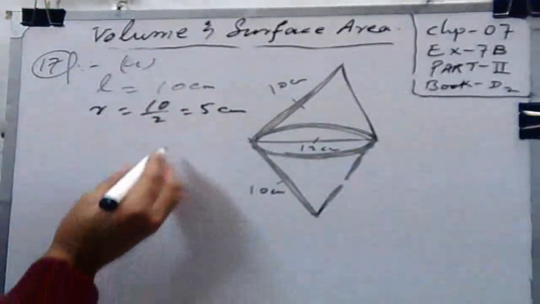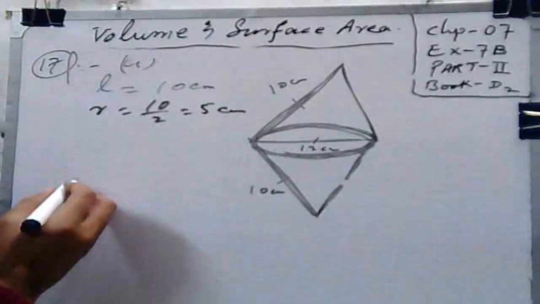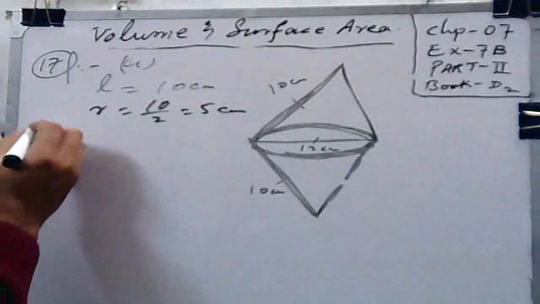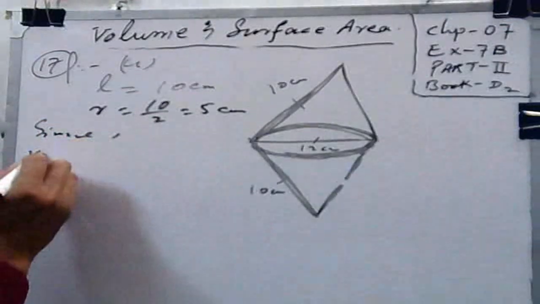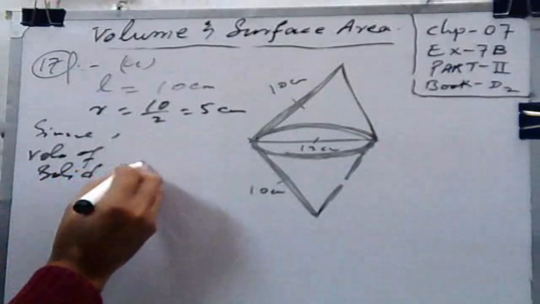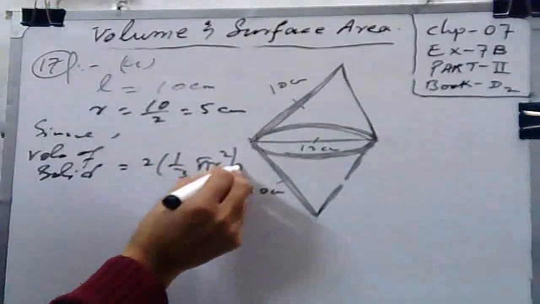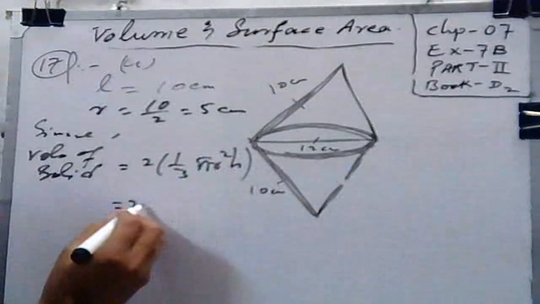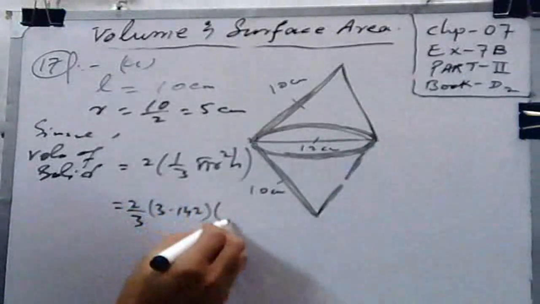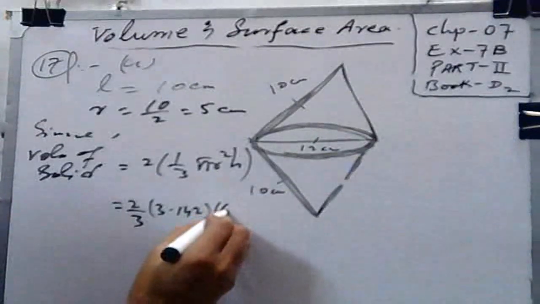Similarly, if we use the Pythagoras theorem, we can find the value of h. Since the volume of the solid in the given figure is equal to 2 into 1 by 3 pi r square h, so 2 by 3 into the value of pi, which is 3.142, and the value of r is 6.